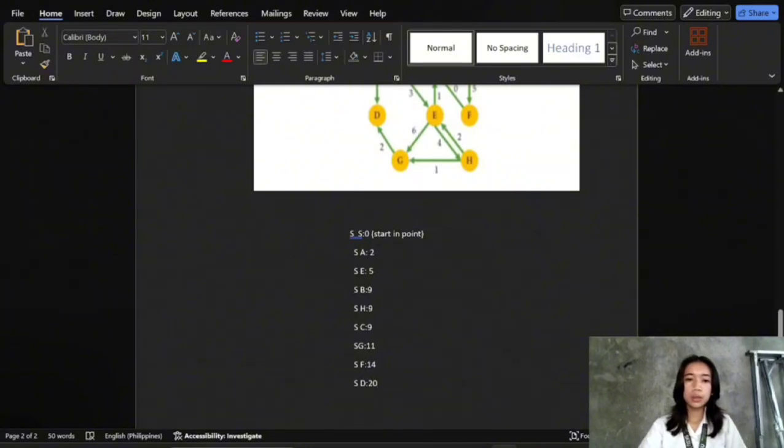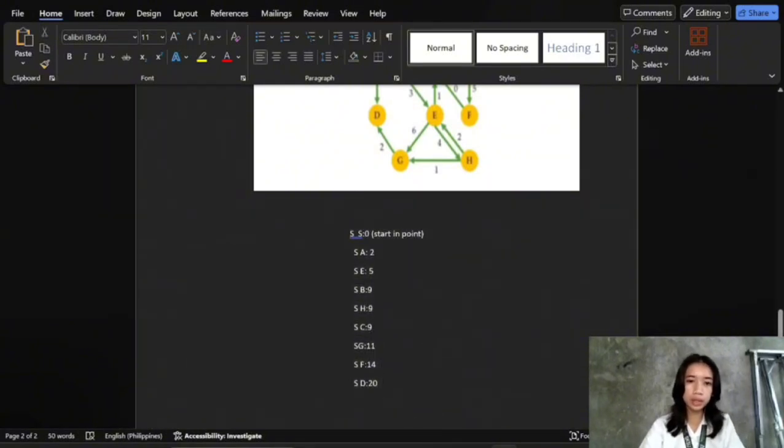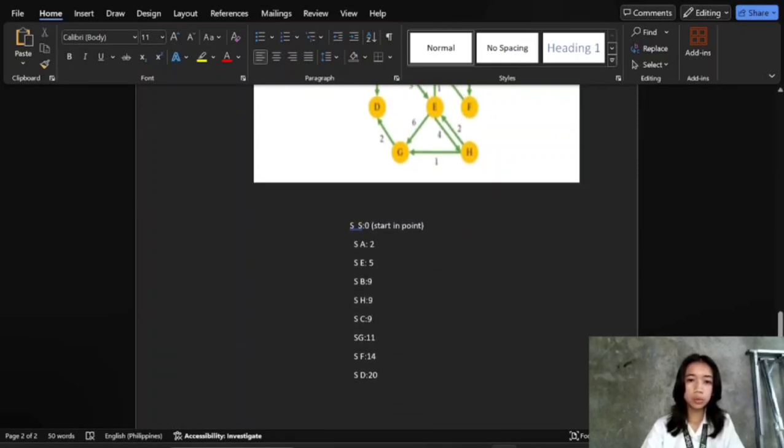So this is what we call the shortest path. You can see we start at 0, then 0, 2, 5, 9, until they are in sequence, not randomly ordered like starting at 2 and then 0.